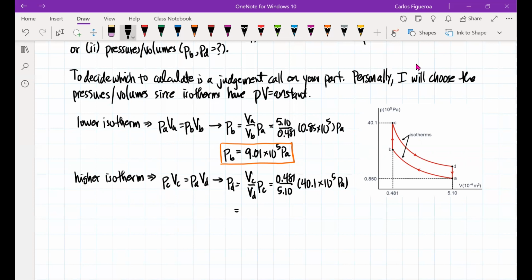And when I compute that, I get a value of 3.78 times 10 to the 5 pascals, and this is the pressure at D.